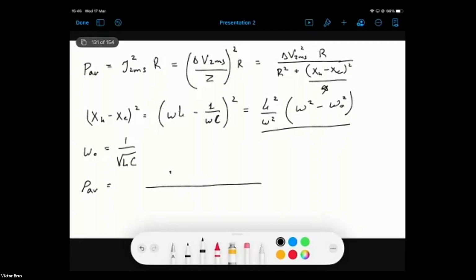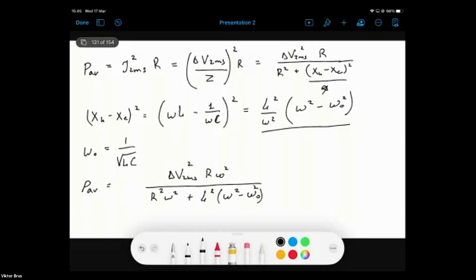So it will be delta V RMS squared times R times omega squared, over R squared times omega squared plus L squared times omega squared minus omega naught squared.